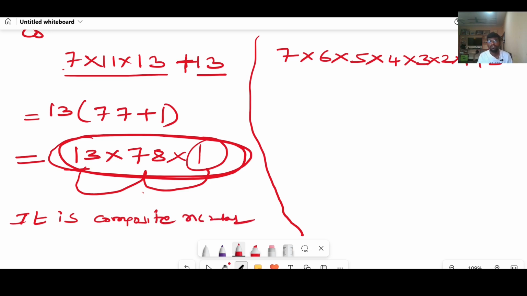And here also the same thing. 7, 6, 5, 4, 3, 2, 1. If you simplify this, 2 3s are 6, 6 4s are 24, 24 5s are 120, 120 6s are 720, 720 into 7 plus 5. Or otherwise you can go directly here itself.